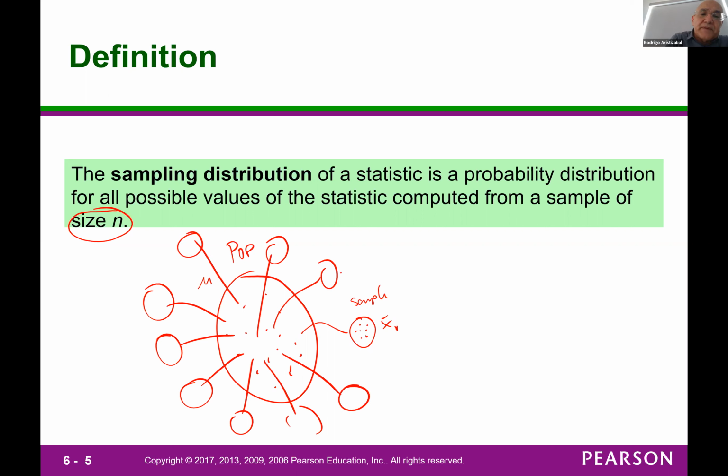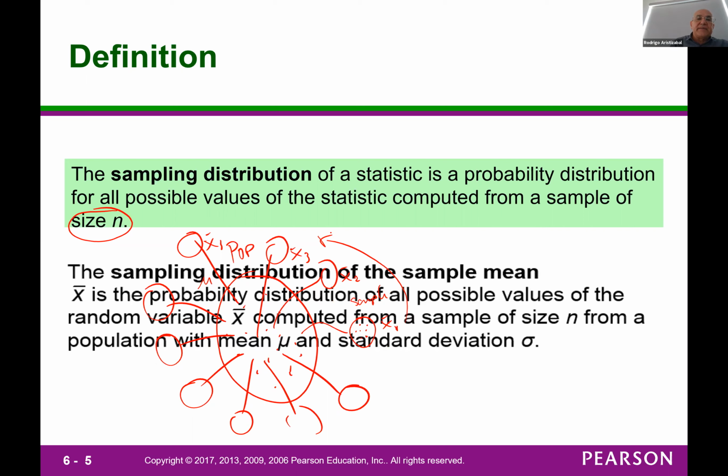Then we need to compute the mean for all of them, the mean for all of these samples, and so on. The sampling distribution consists of the distribution of all of these values, x1, x2, x3, all of these values.